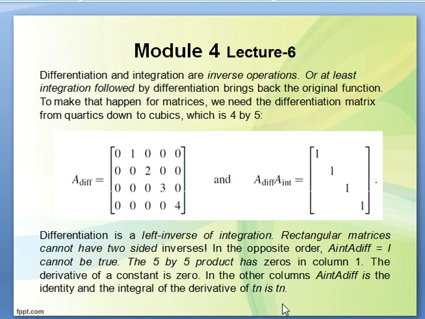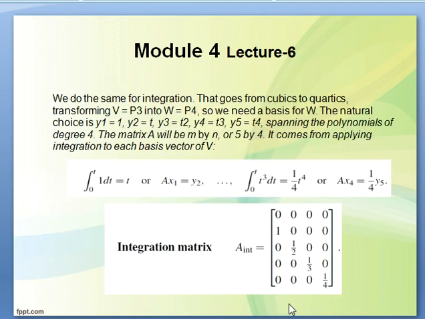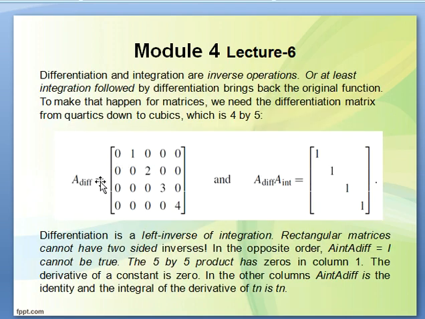And the integration matrix, we have just seen, this is our integration matrix. When we multiply both of these, the differentiation matrix multiplied with the integration matrix, we get a unity matrix.